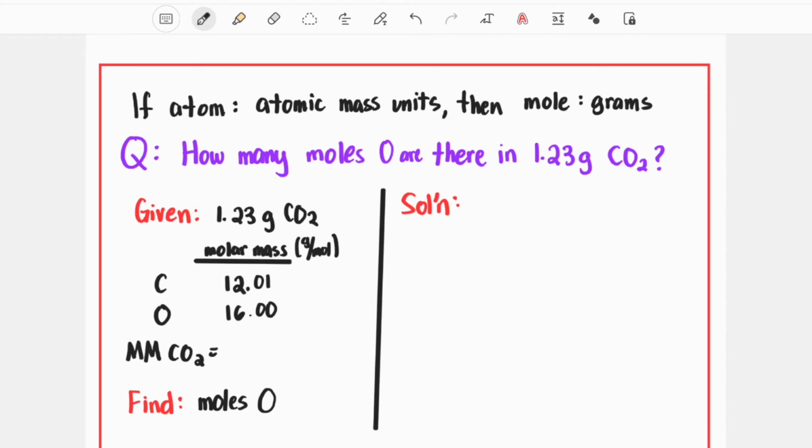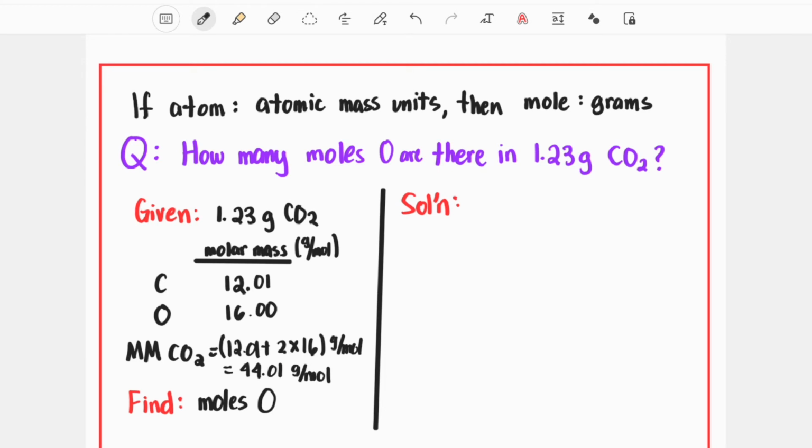To do that, we need to add the individual masses of its atoms. Carbon dioxide has a molar mass of carbon, 12.01, plus 2 atoms of oxygen, which are 16 grams per mole. And using my calculator, 1 mole of carbon dioxide should be 44.01 grams per mole.